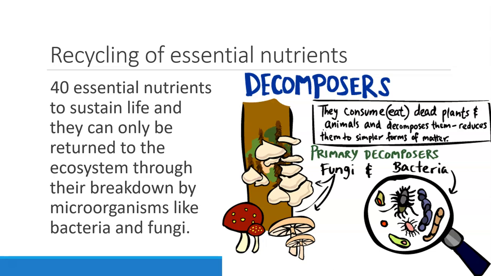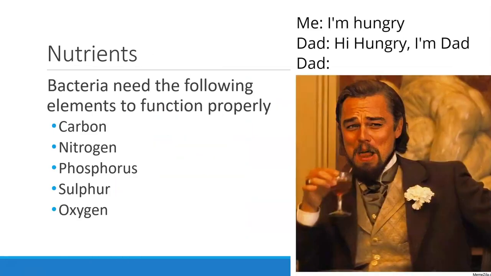So I'll be writing down that entire sentence if I were you. So the way that they do this is consuming dead plants and animals, and this reduces all of those complex structures within the animals and plants into a simpler form of matter, which is your nutrients: carbon, nitrogen, phosphorus, sulfur, oxygen.